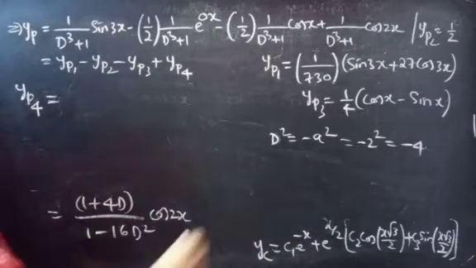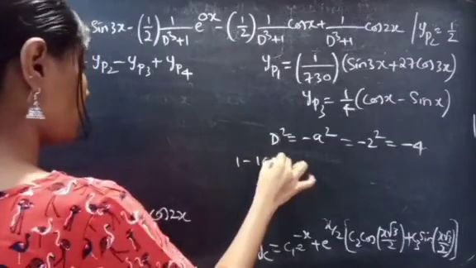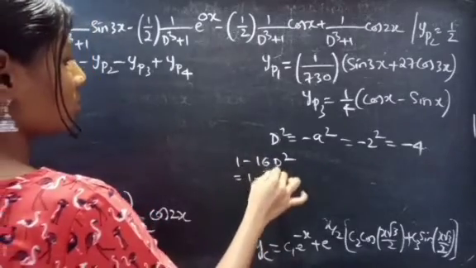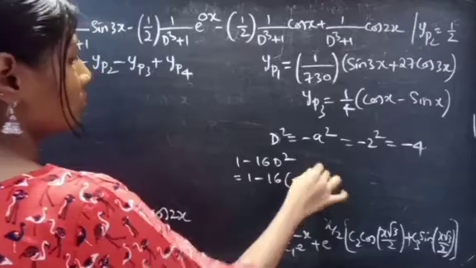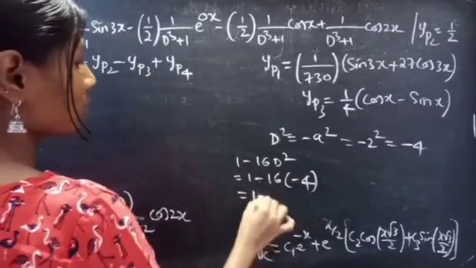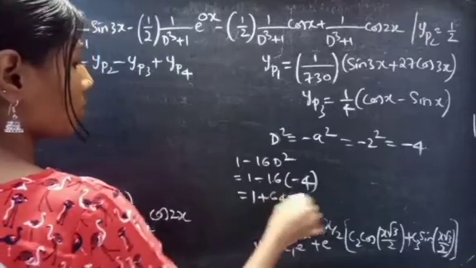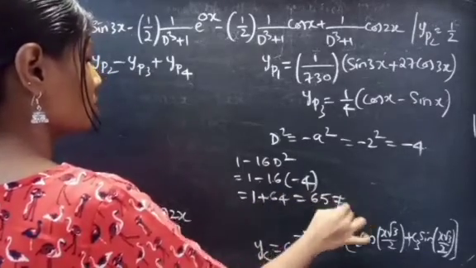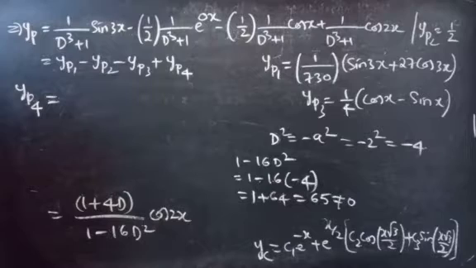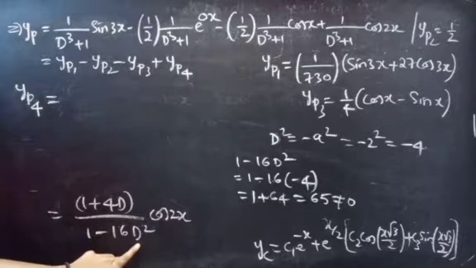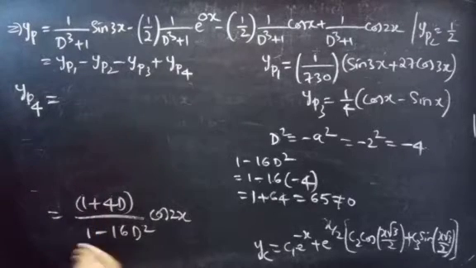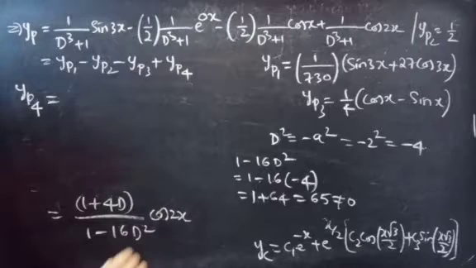Now, take the denominator and see what happens if we replace d square by minus 4. 1 minus 16 into minus 4 gives plus 64. 1 plus 64 is 65, which is non-zero. Since we got non-zero by replacing d square by minus 4 in the denominator, let's replace d square here.